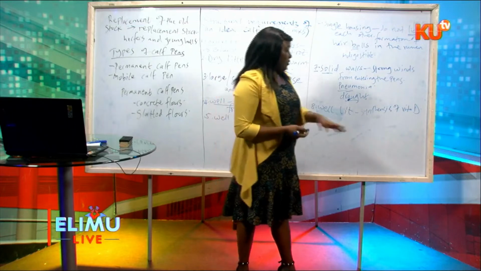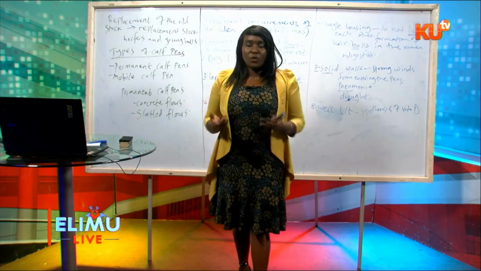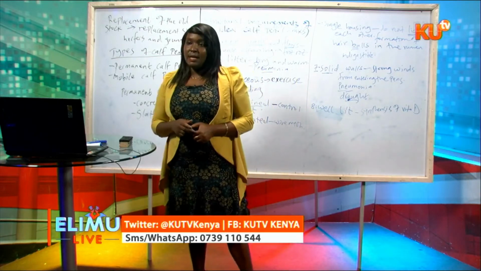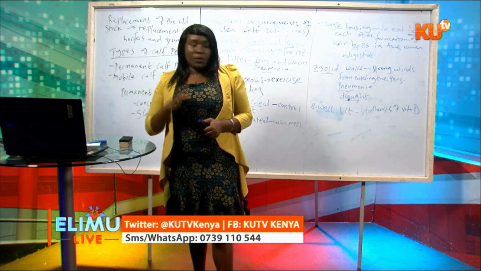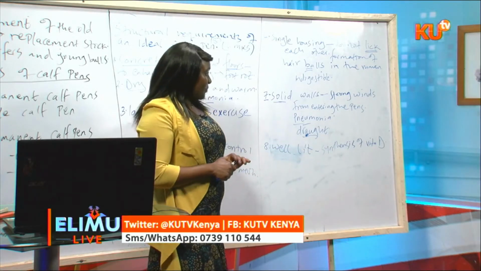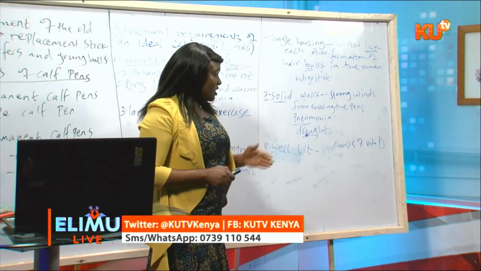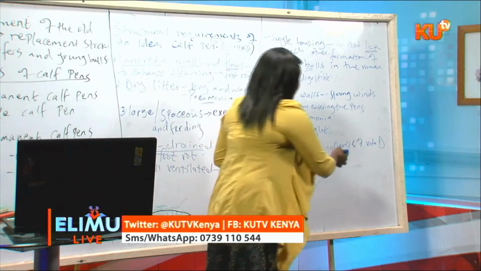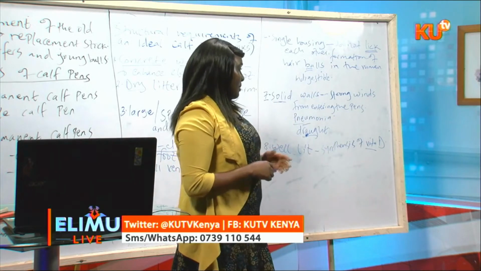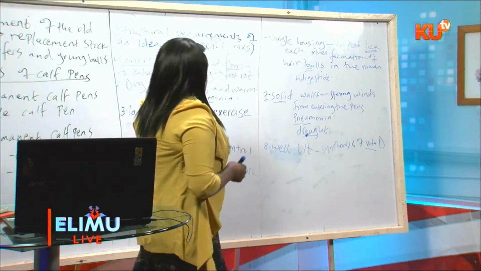For the purpose of synthesizing vitamin D, they require that synthesis. I'm looking forward to seeing the right response. The deficiency of vitamin D causes which particular condition in livestock animals?